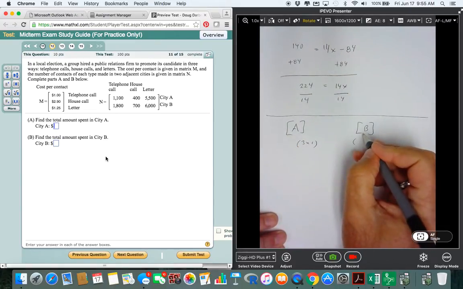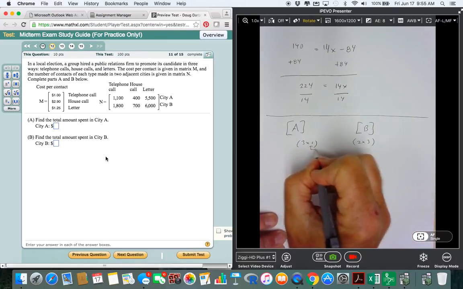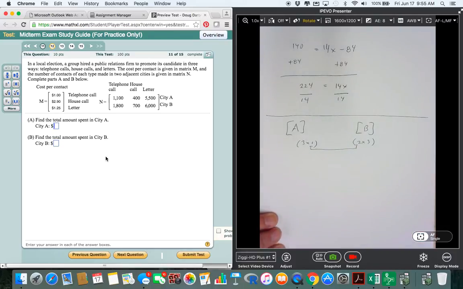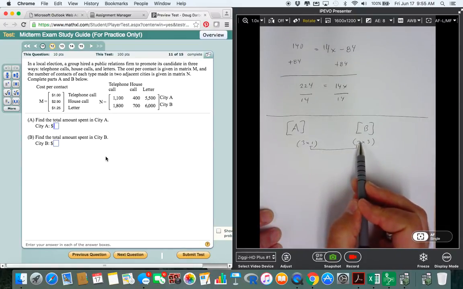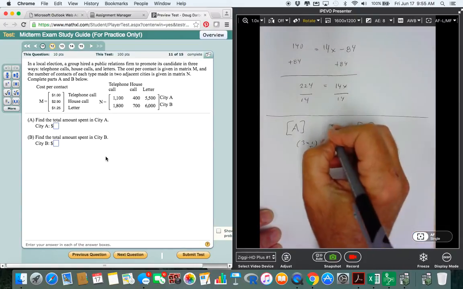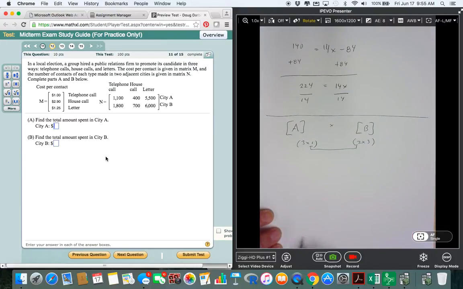And the size of the second matrix is a 2 by 3. So guys, to multiply these two matrices, those two numbers in the middle have to be the same. The columns of the first matrix have to be the same as the rows of the second matrix. So A times B makes no sense.